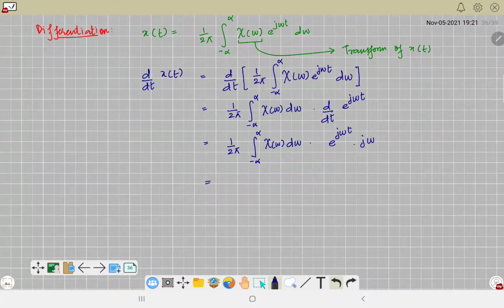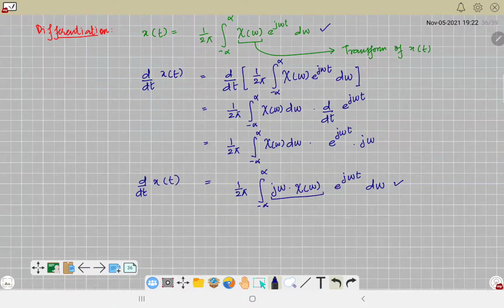So it will be 1 by 2 pi integral minus infinity to plus infinity j omega x omega, then e raised power j omega t d omega. Now if we compare this equation and this equation, it turns out the factor that modulates e raised power j omega t is this thing. Fine, just like in the first case, the normal case.